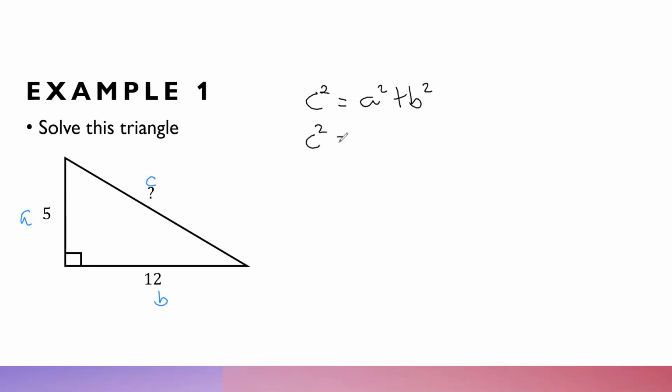So we have now C squared is equal to A squared, which is 5, plus B, which is 12. Now C squared is equal to 5 squared, which is 25, plus 12 squared, which is 144. Now let us raise both sides of the equation by 1/2, or take the square root.